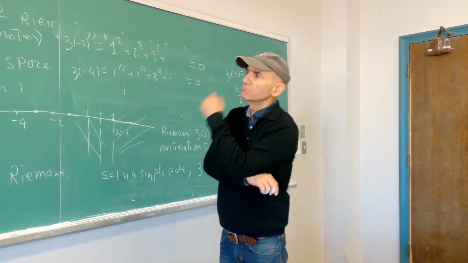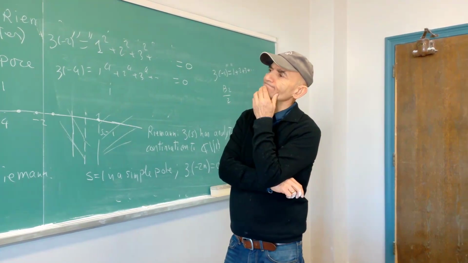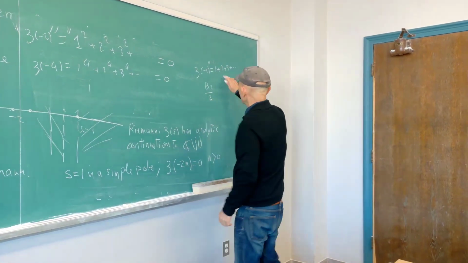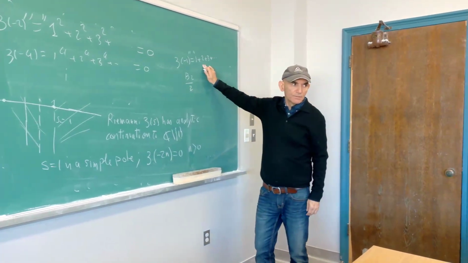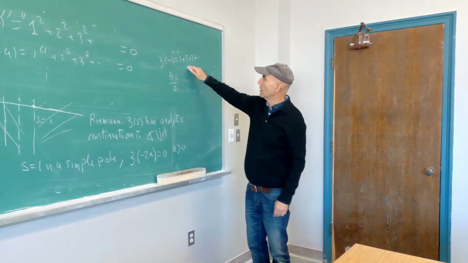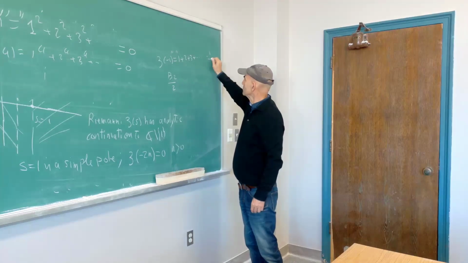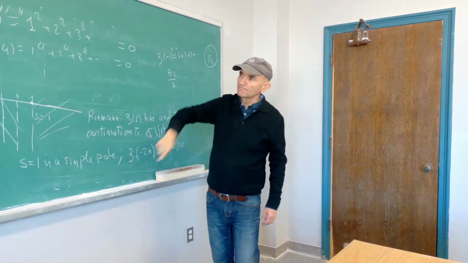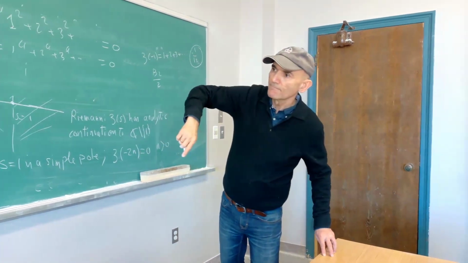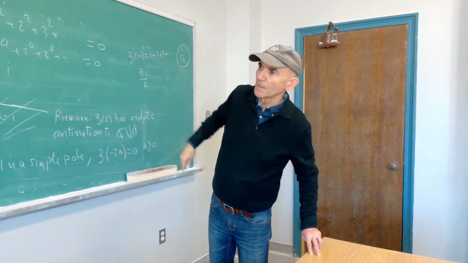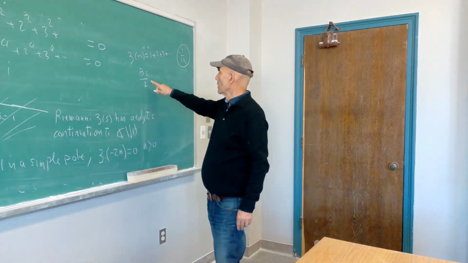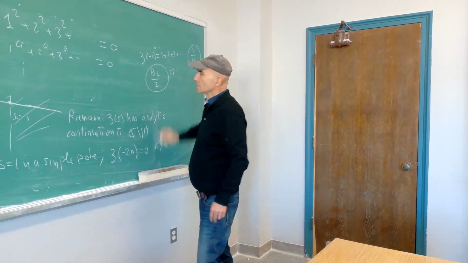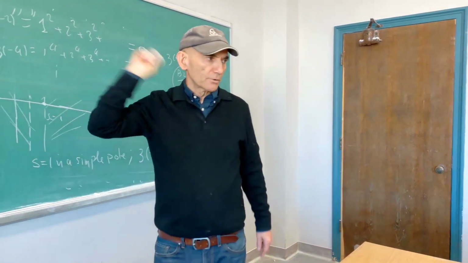B_2 must be 1 over... Is it 1 over 12, 1 over 6? Because you know what this number is, right? Yes, minus 1 over 12. So one of these formulas is incorrect.